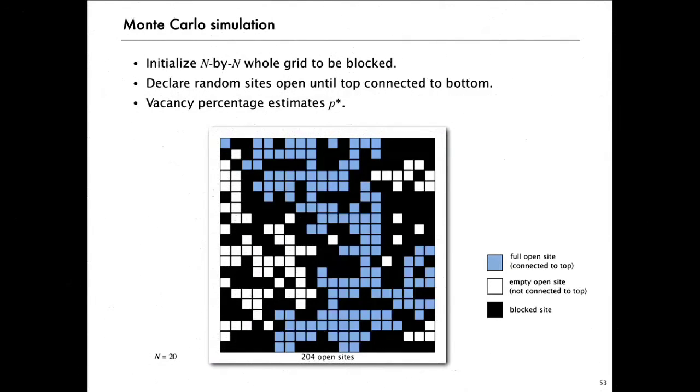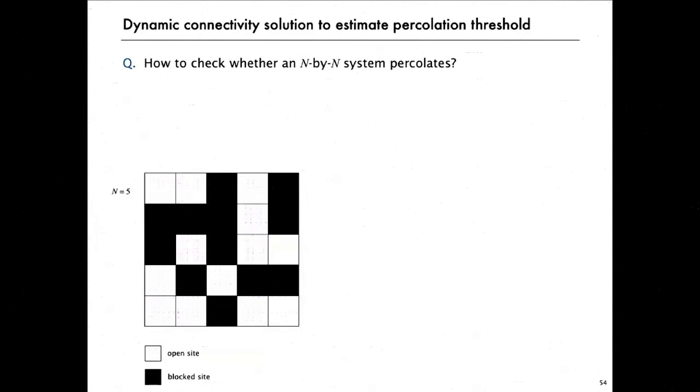And we can show that the vacancy percentage at the time that it percolates is an estimate of this threshold value. So what we want to do is run this experiment millions of times, which we can do in a computer, as long as we can efficiently do the calculation of whether it percolates or not. That's a Monte Carlo simulation, a computational problem that gives us a solution to this scientific problem, where mathematical models nobody knows how to solve yet.